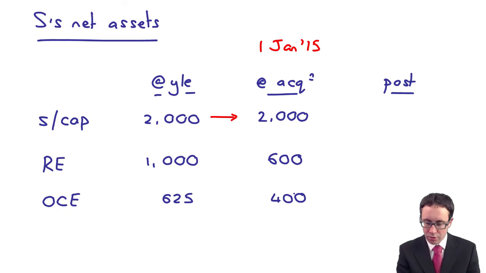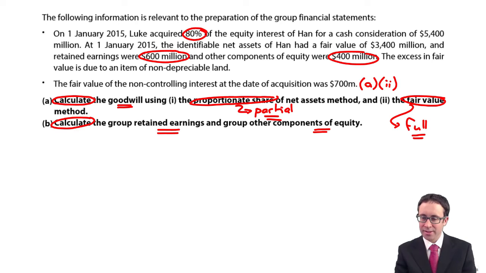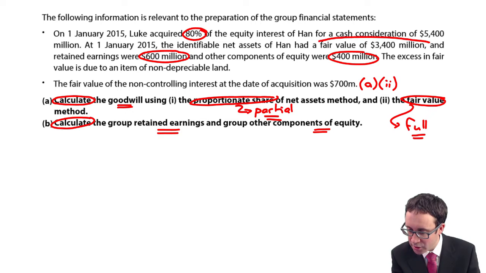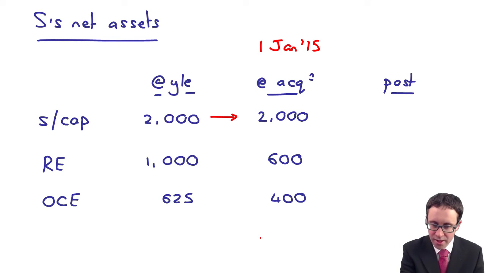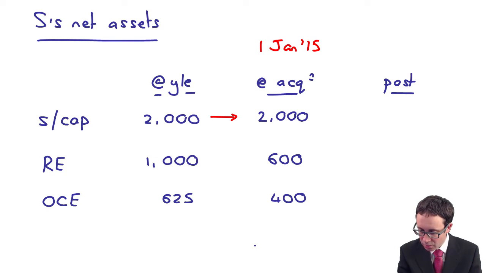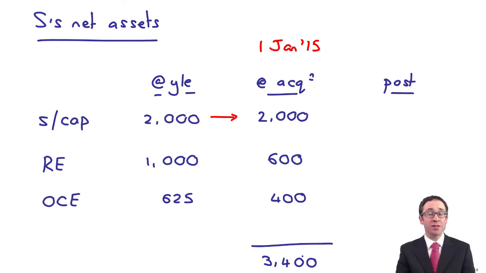And then this is the crux. Because what you've got there is it says the net assets of Han. We recognise those net assets on consolidation at fair value to reflect their worth on acquisition, and that's 3,400 million. So these net assets need to total 3,400 million, but they don't.